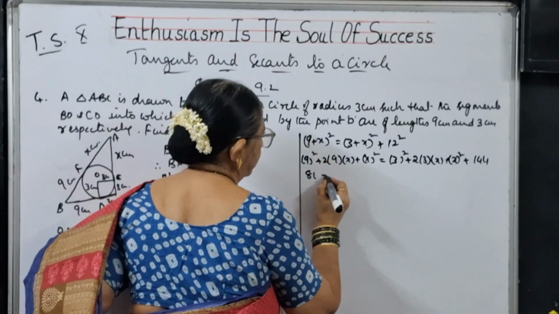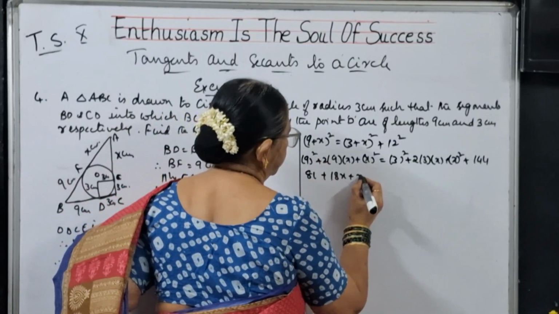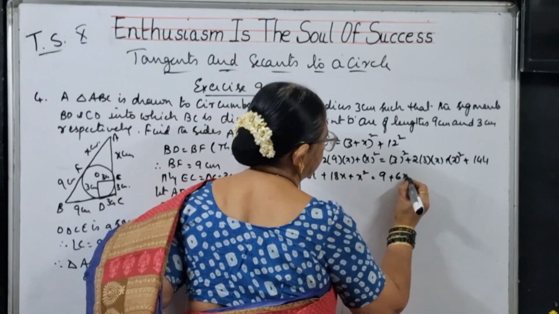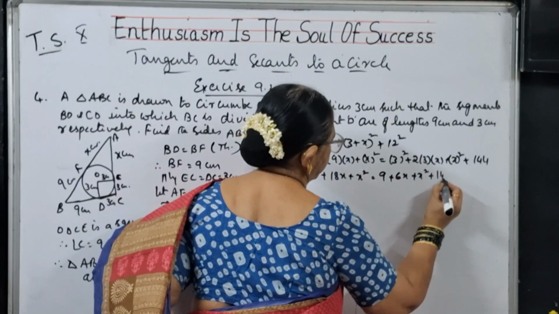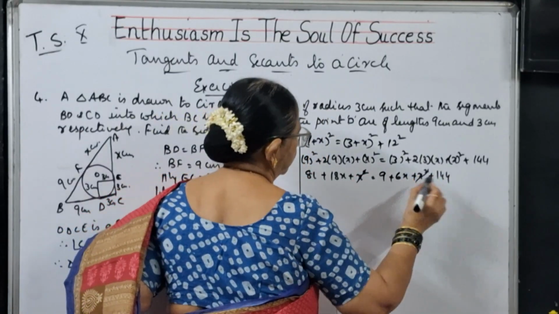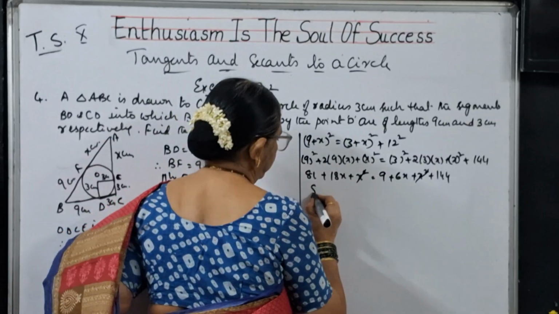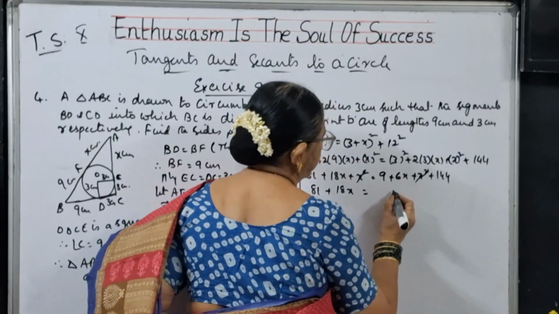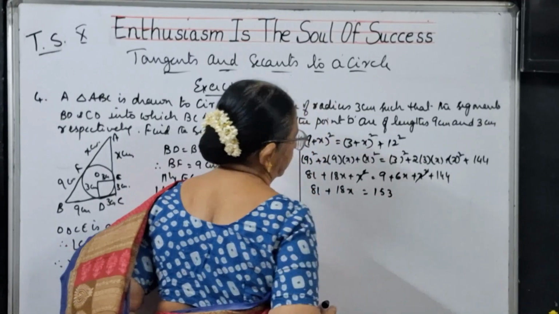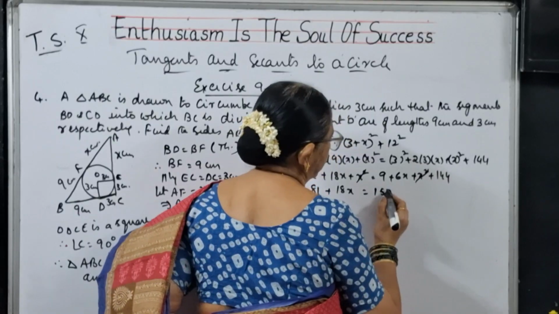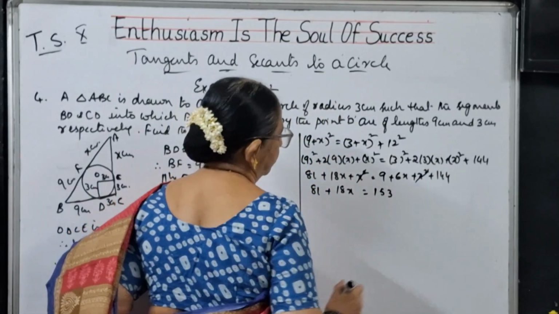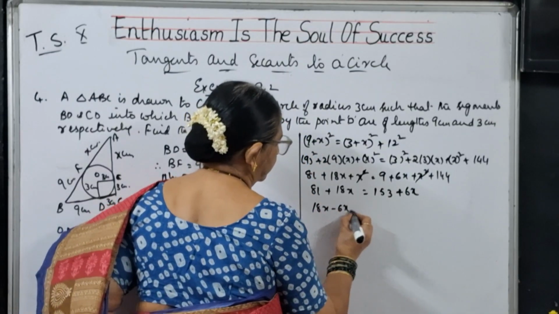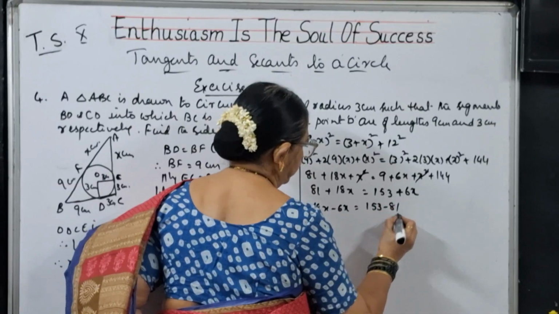This is 81 plus 18x plus x square is equal to 9 plus 3 2s are 6, 6x plus x square plus 144. So you can cancel these two x squares. So 81 plus 18x is equal to 144 plus 9, 153. Isn't it? That means 18x minus 6x is equal to 153 minus 81.